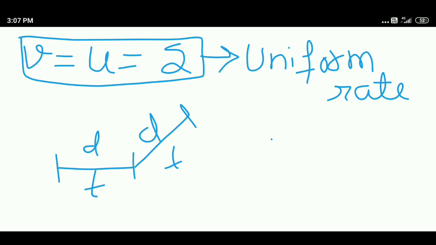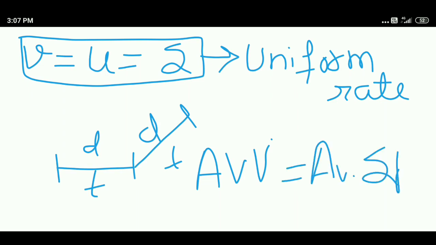If an object travels with a uniform rate, then its average velocity will be equal to its average speed. My writing might not satisfy you, but we do not have enough room to write here. I am trying to write in a short form. Okay.